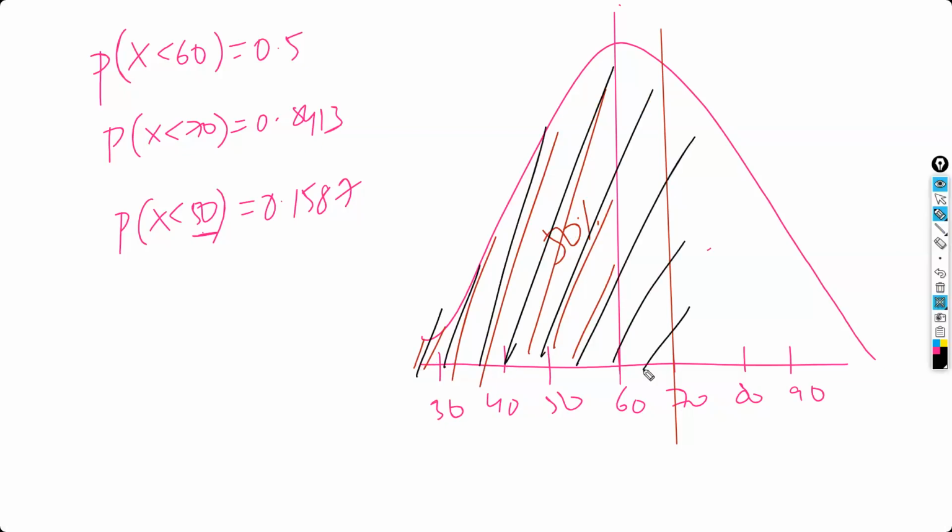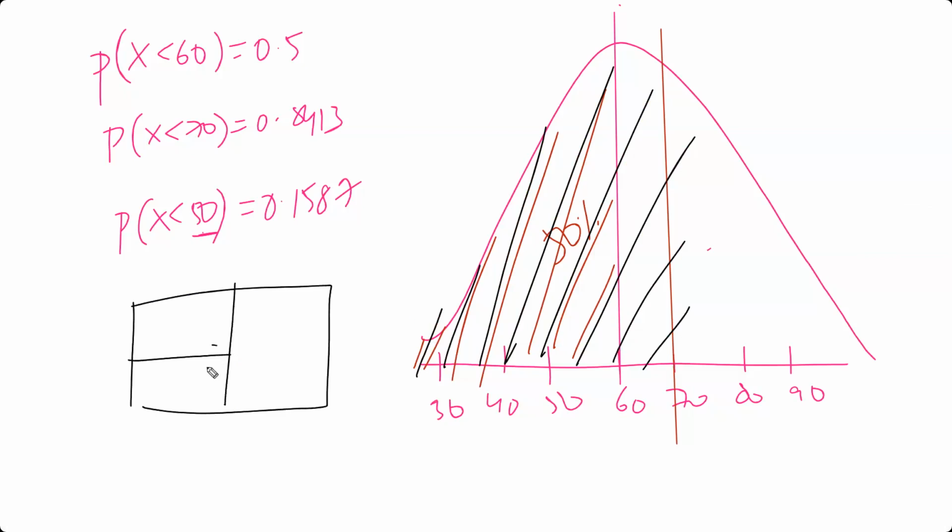Now, what is the balance area, the gap area? See, this area from the starting to here is 0.5. From here to here, it is 0.84. Now I am asking, what is this one?